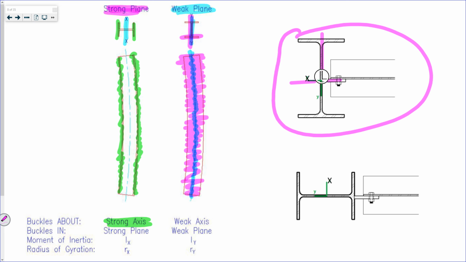I want you to think about it for a minute. This brace is preventing buckling or bending about the y-axis, right?